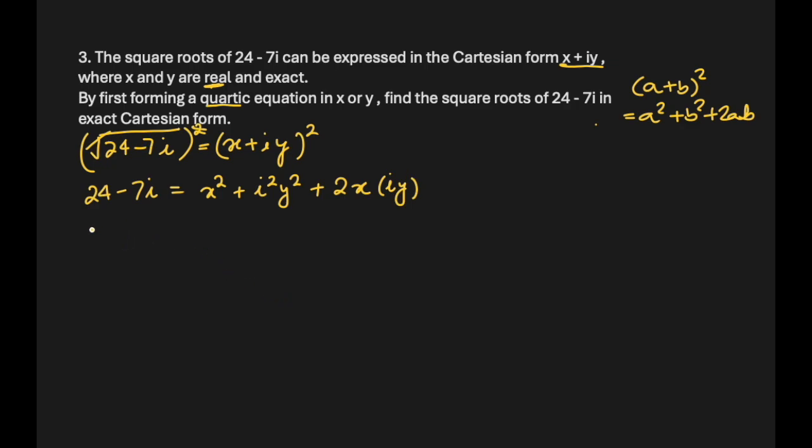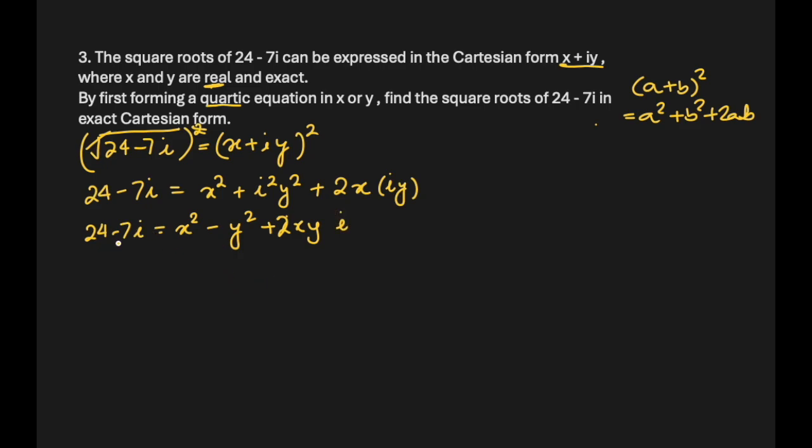So 24 minus 7i is equal to x square minus y square, because i square is minus 1, it becomes minus y square, plus 2xyi. Let's write it this way.